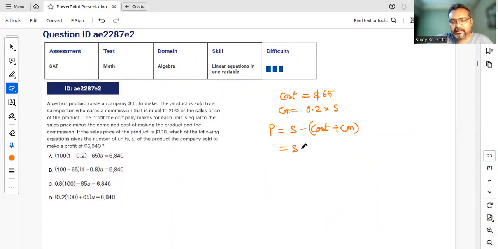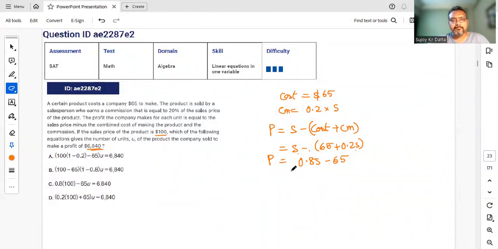So if I just plug in, then it is 65 plus 0.2 S. So S minus 0.2 S is 0.8 S minus 65. Okay, so that's your profit. Now it's saying that the sales is 100. Which of the following equations gives the number of units of the product that the company sold to make a profit of 6840?